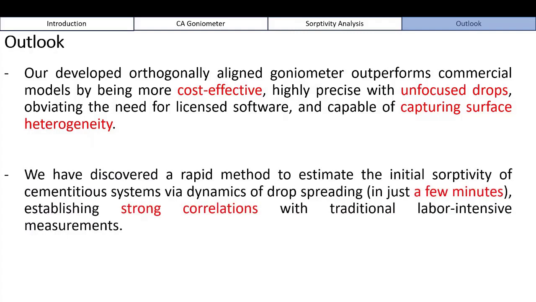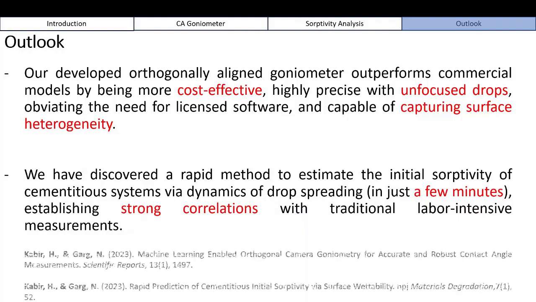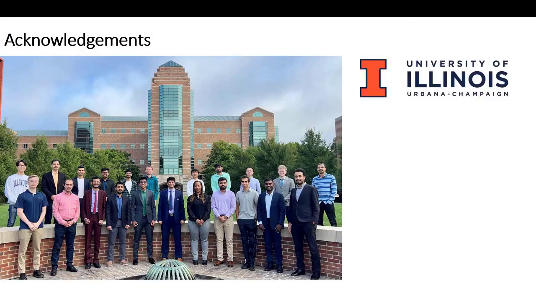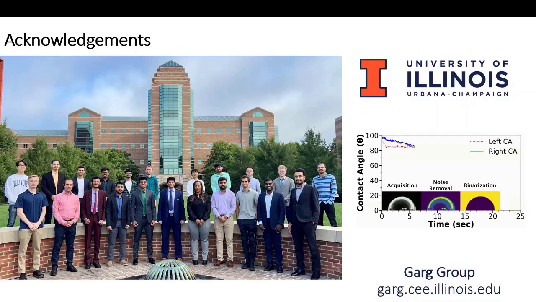And then with this inexpensive goniometer, in a matter of a few seconds or few minutes, you're able to predict how much water your system can absorb. So that's my presentation. These works are accessible, and you can find them in these papers. With that, I'm happy to take any questions.